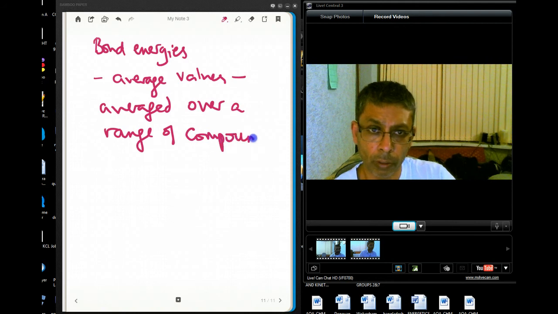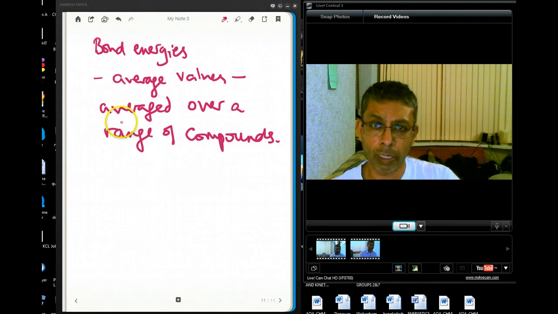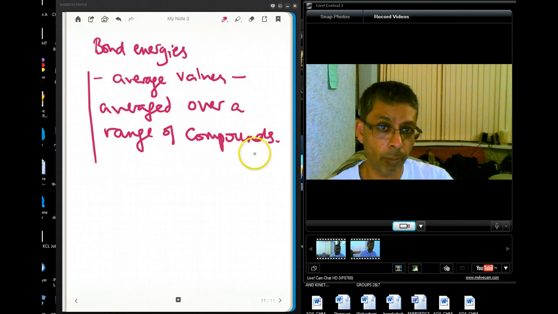So they are not accurate. So if you're asked to explain why there's a difference in the heat of reaction when you've worked it out using bond energies as compared to, let's say, the Hess's law value, then this is going to be your answer: the energies that you're given are average values averaged over a range of compounds. Therefore, it's not going to be accurate.